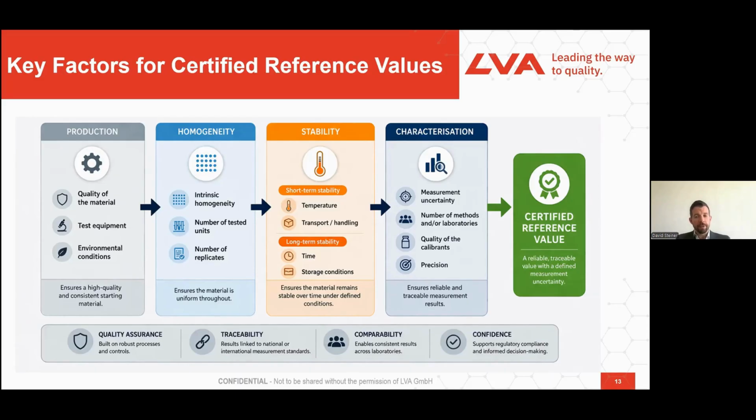Finally, we have the characterization, which includes the analytical method used to verify the final value. Here, factors such as method selection, precision, and also the interlaboratory variability all play a very important role. All these components contribute to the final certified value and especially to its associated uncertainty. And because each step within the ISO accreditation is carefully controlled and documented, the entire process is fully traceable, ensuring a high level of comparability and confidence in the result.